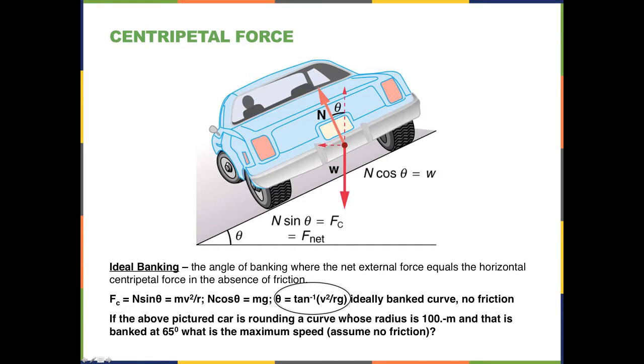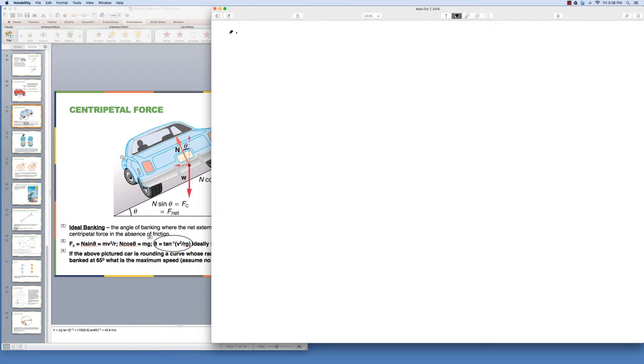If we have this pictured car above, and the radius of curvature is 100 meters and the banking is 65 degrees, what is the maximum speed that this car can go around this curve with no friction? You can put 65 in here and find out what the maximum velocity v is for this to be an equilibrium. First we have to rearrange our equation.